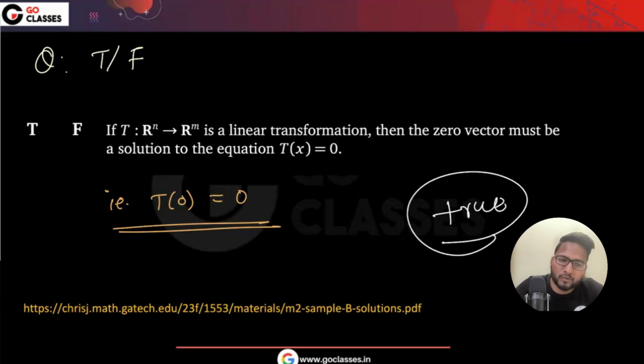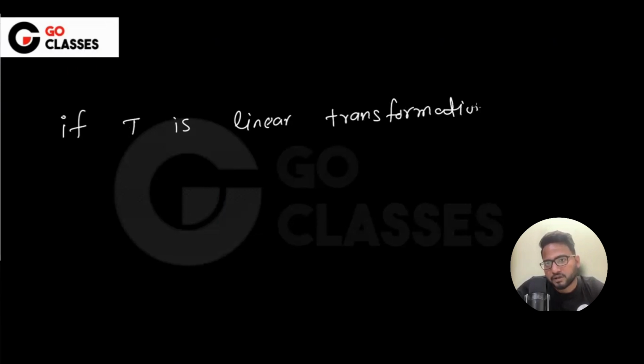Interestingly, let me ask you one interesting question. If T is a linear transformation, then T of 0 equal to 0. This is true, right?